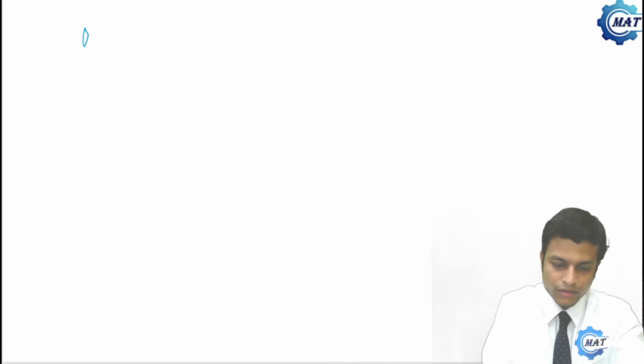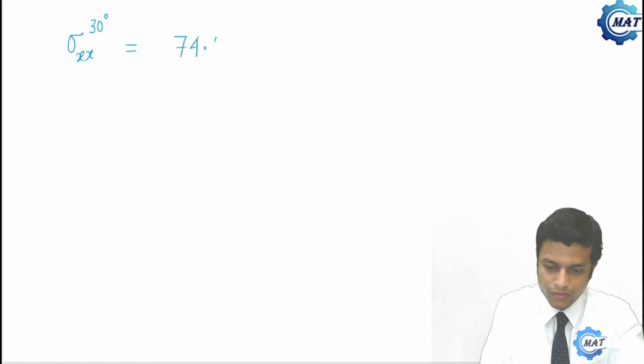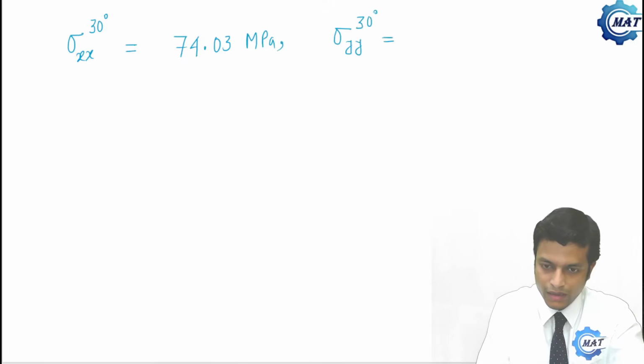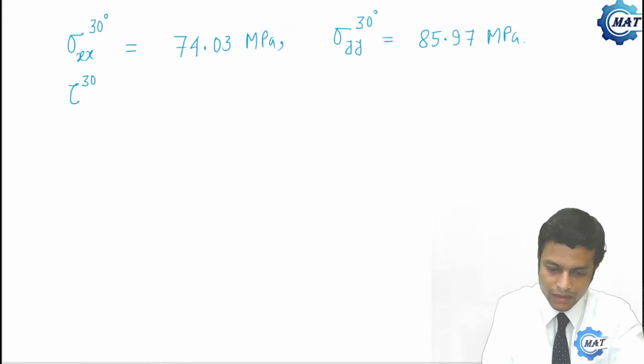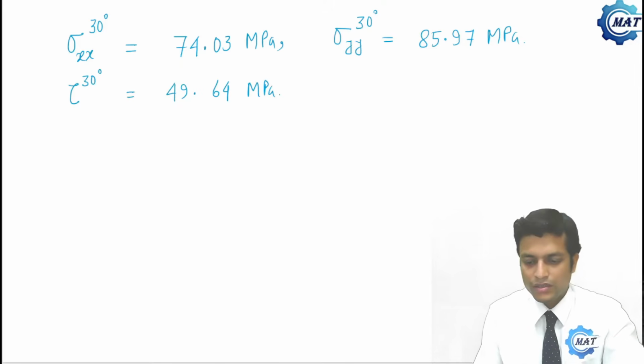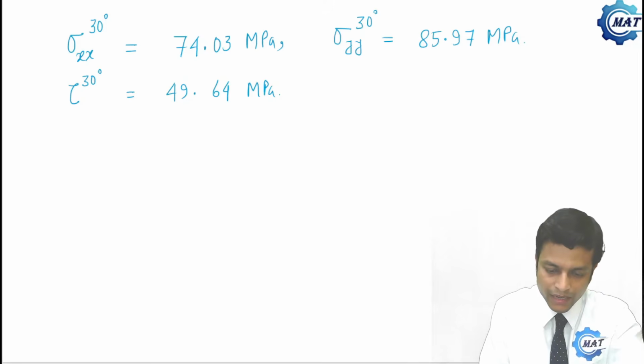That is, sigma XX 30 degree is 74.03 MPa. Sigma YY 30 degree is 85.97 MPa. And tau 30 degree is 49.64 MPa.